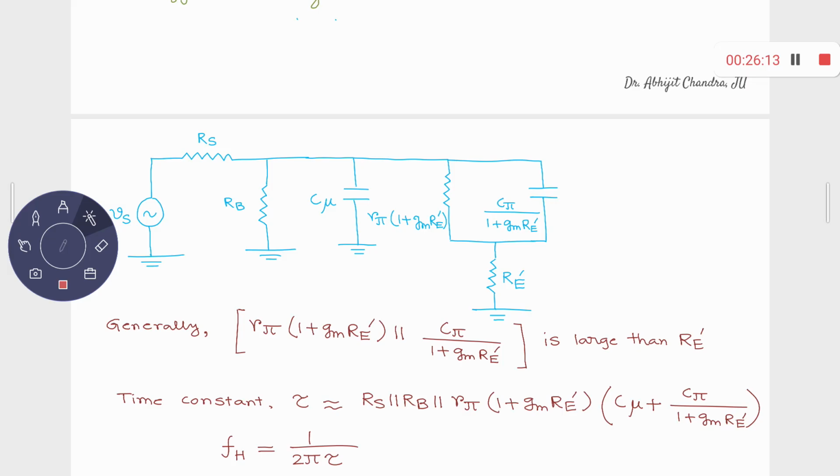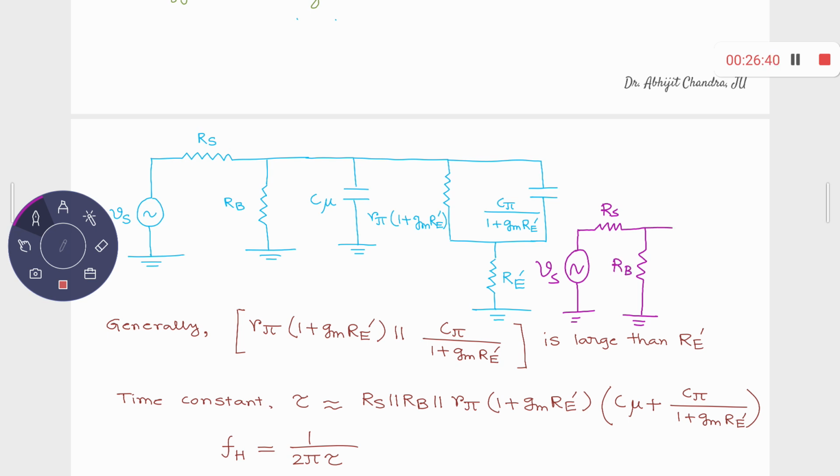Now, if I assume this, then ultimately, hopefully you can identify the circuit with which you are familiar. Last day also we got this circuit. What was that? You have this Vs over there, this circuit. You have this resistance in the form of Rs. You have this resistance in the form of Rb.